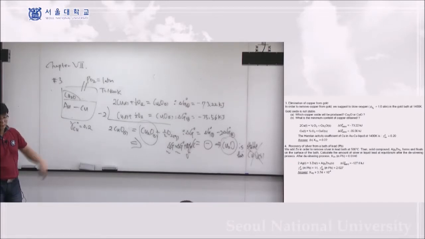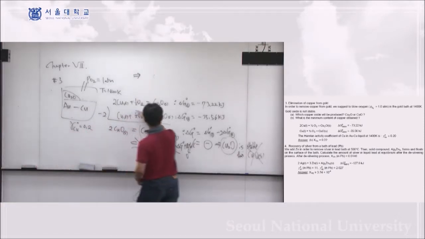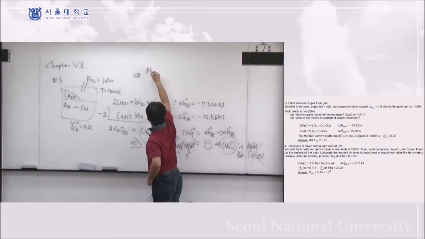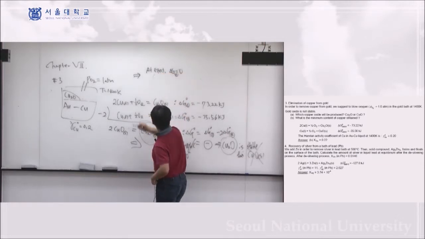So we know that this is the product. And now we have to enter the partial pressure and then calculate the Cu. So next step, by using this first equation, we can do that at the equilibrium state. Delta G of reaction 1 equal to 0.